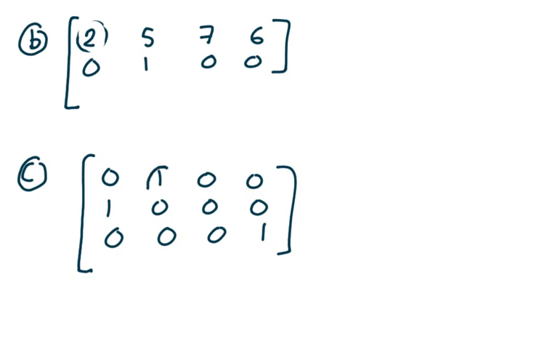In the first row, this is a leading one. In the second row, this is a leading one. And in the third row, here's my leading one. If you go from row 3 to row 2, the leading one in the bottom row is to the right of the leading one in the second row.